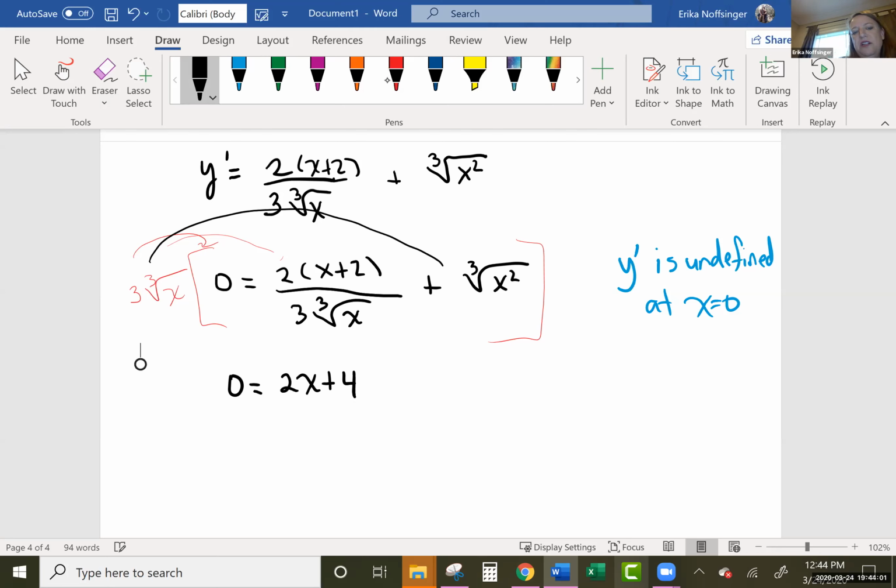And when I distribute it over here, I have a 3 outside of my radical, but this gives me a cubed root of x times the cubed root of x squared. Same index, we can multiply underneath, so that gives me a cubed root of x cubed, which just is x.